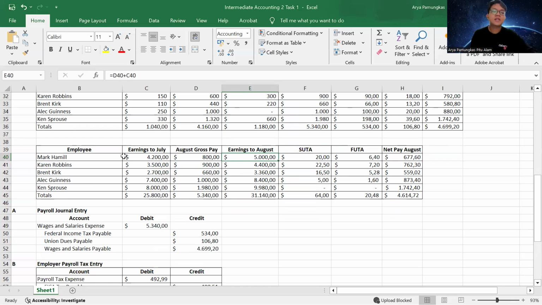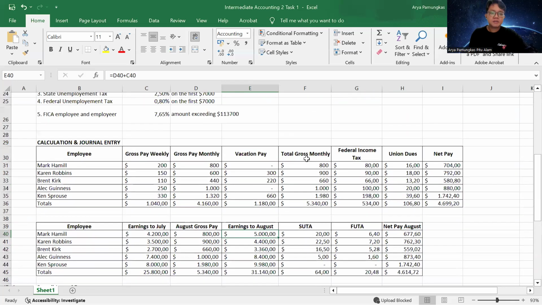So for Mark Hamill, the earnings to August is $5,000, for Karen Robin it is $4,400, for Brent Kirk it is $3,360, for Alec Guinness it is $8,400, and last for Ken Sprouse it is $9,980.